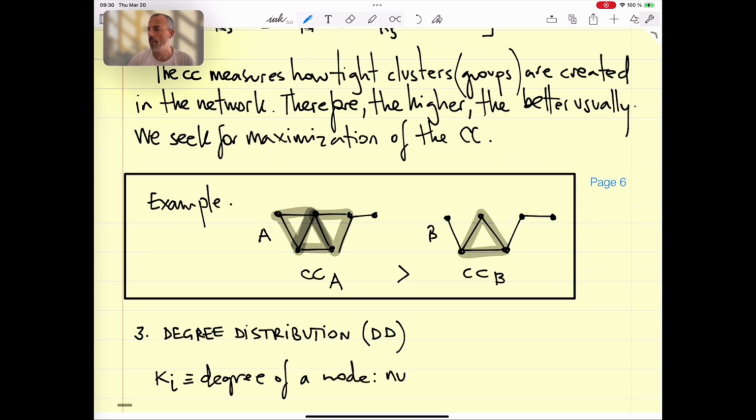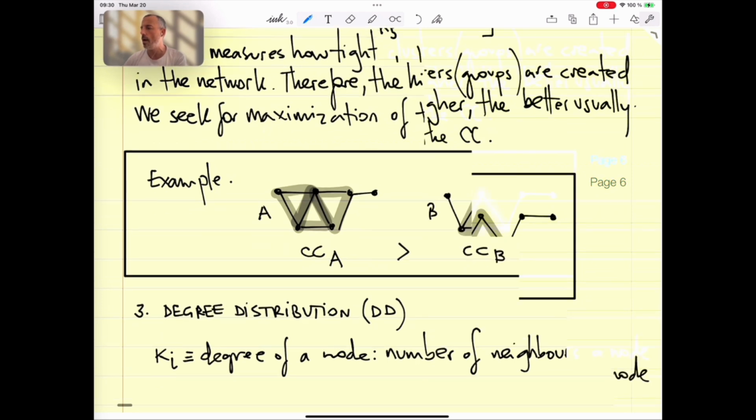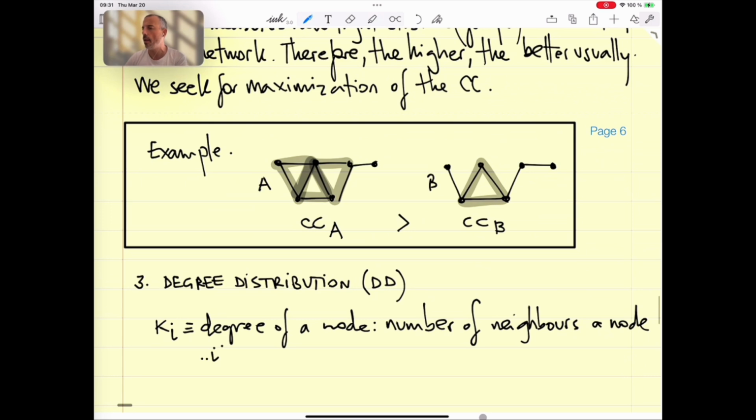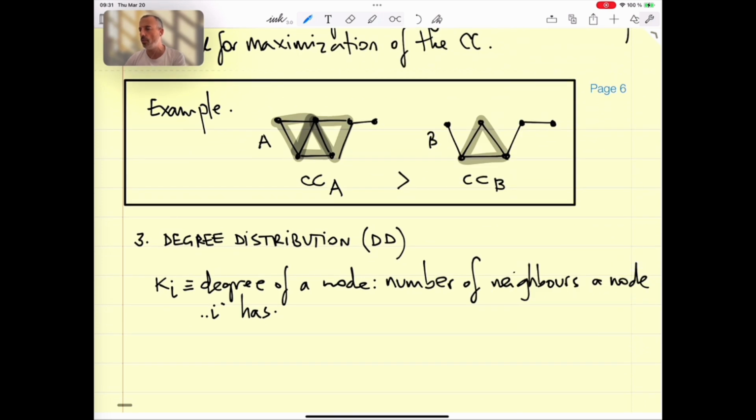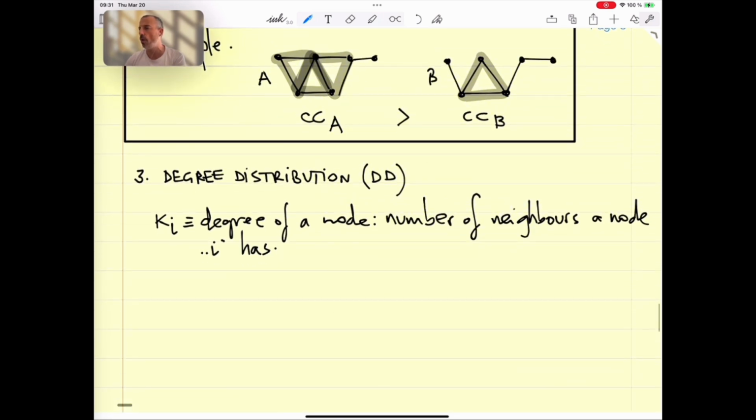It is the number of neighbors node I has, okay? So the degree distribution represents the distribution of the degrees throughout the network.